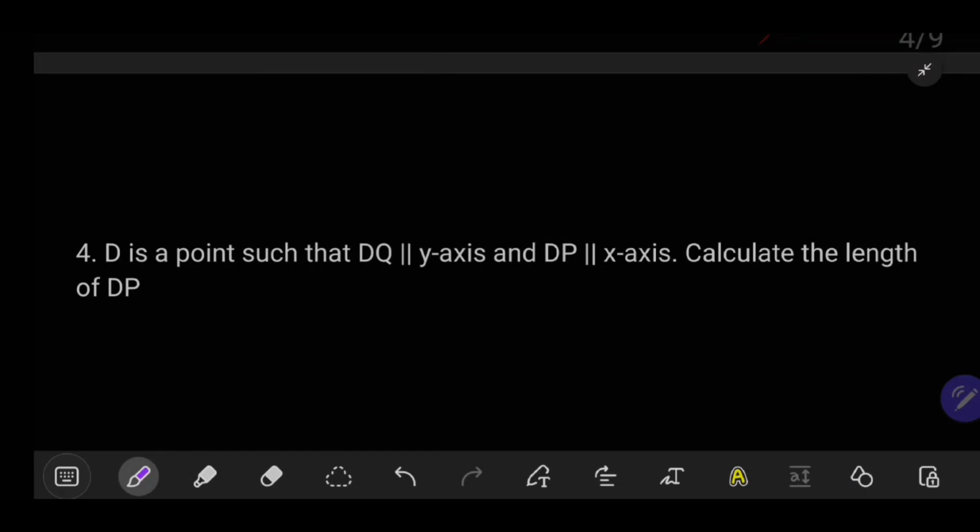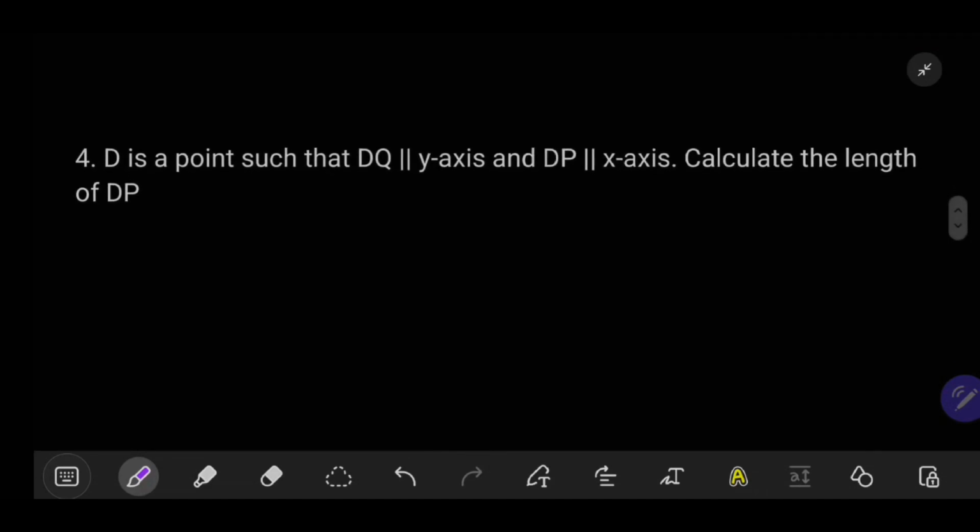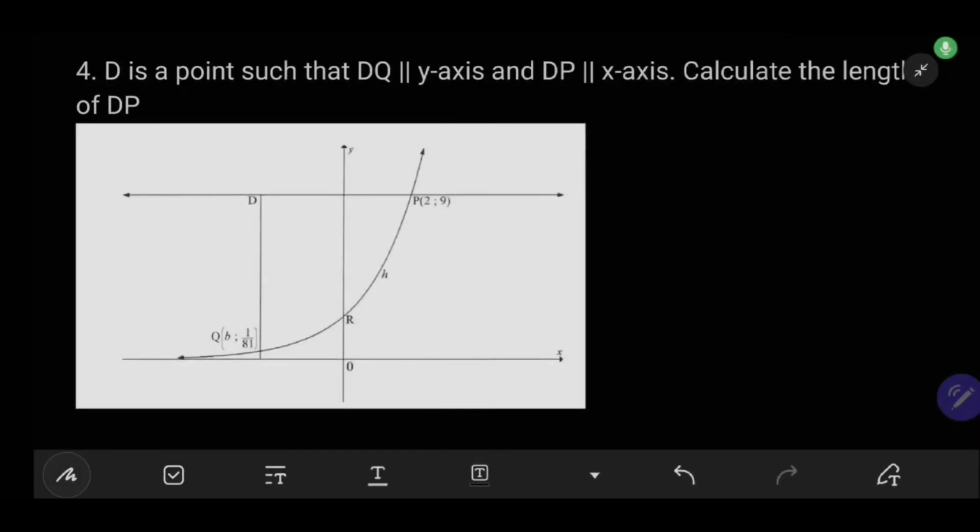Then the fourth question, they're telling us that D is a point such that DQ is parallel to the y-axis and DP is parallel to the x-axis. They want us to calculate the length of DP. So if I can bring our picture here, here's our picture.